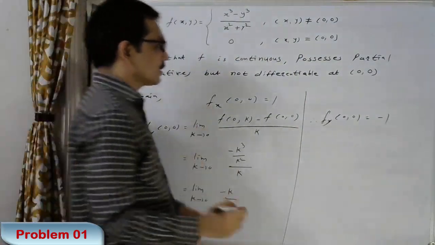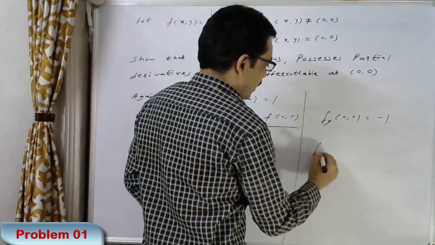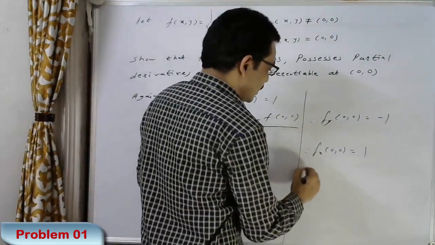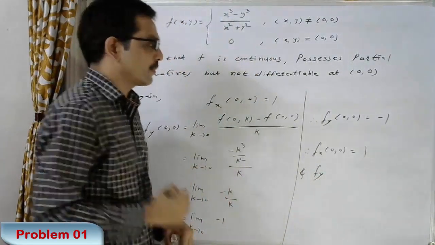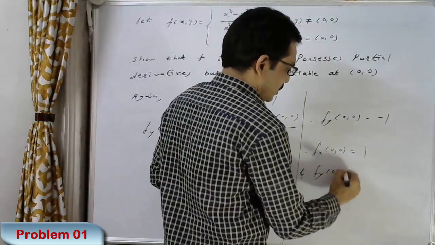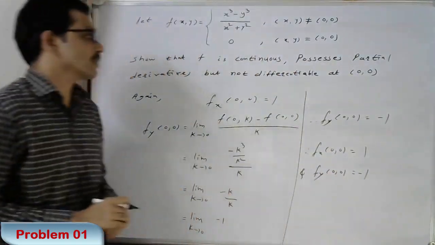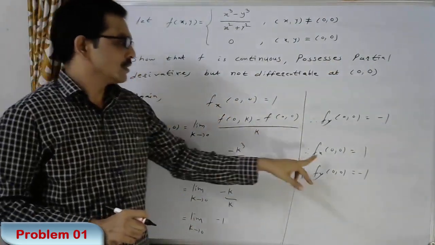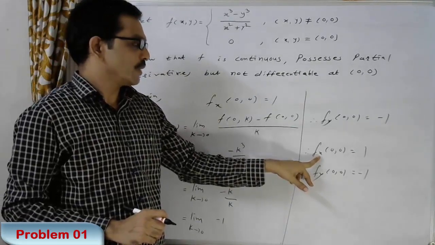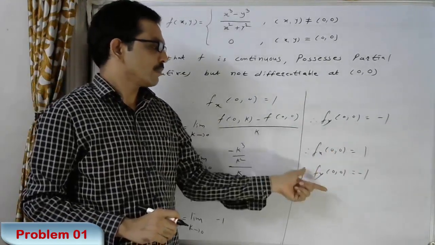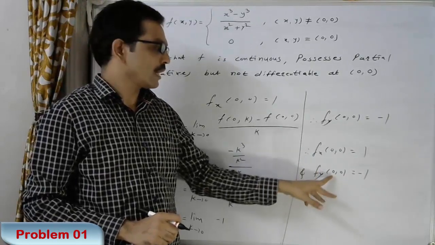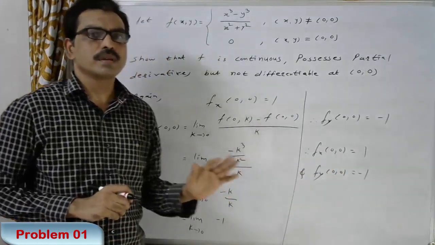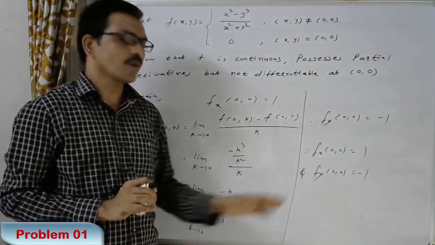Therefore the partial derivative of f with respect to x at the point (0, 0) is 1, and the partial derivative of f with respect to y at the point (0, 0) is equal to minus 1. Therefore, we say that the function f possesses the partial derivatives at the point (0, 0).